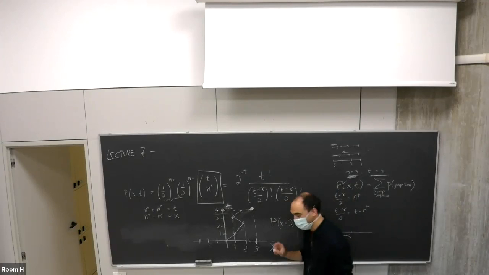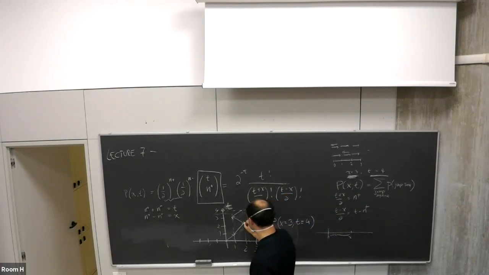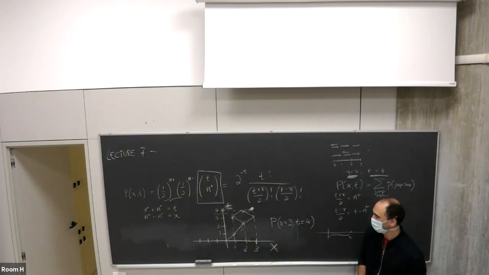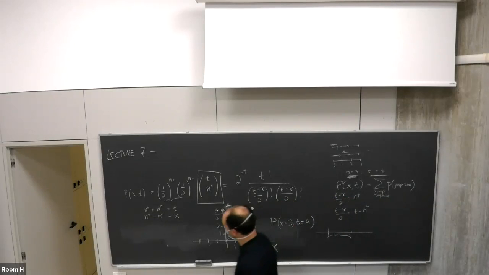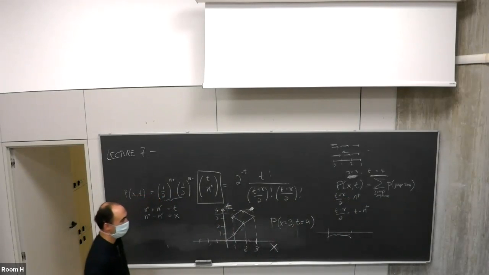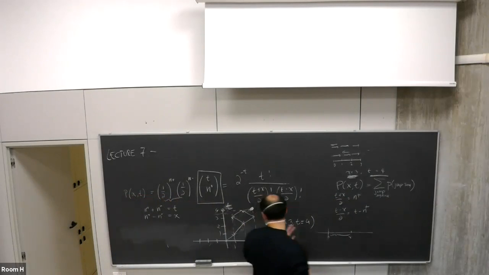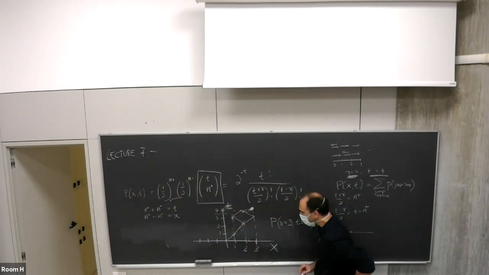So how can we reach here? This is a good question. We want to be at time 4 at x equals 3.